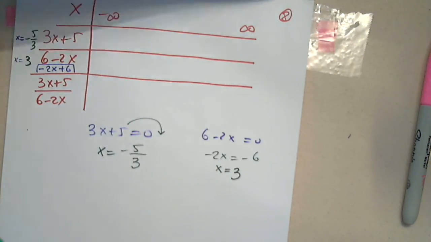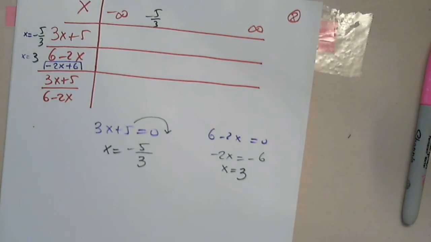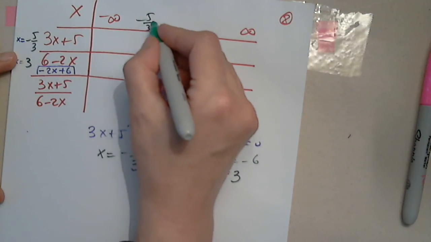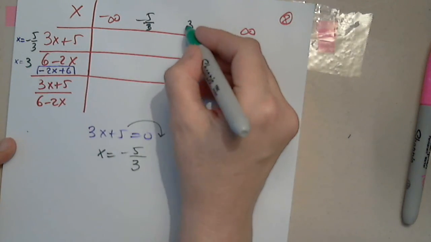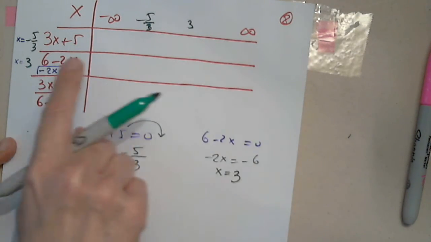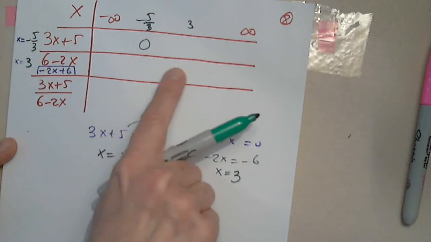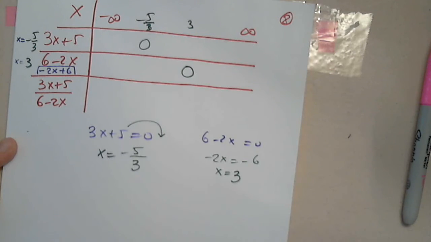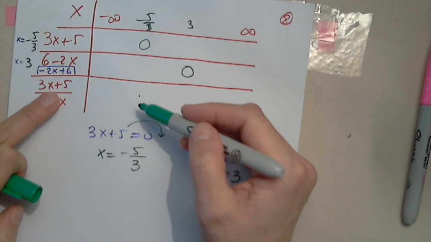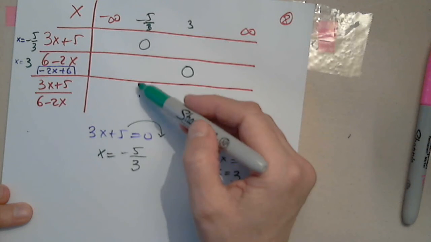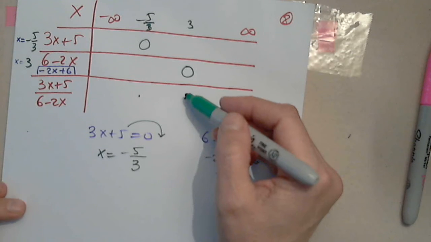The first to go in is negative 5/3, and 3 in ascending order. I will put a 0 under negative 5/3. I will put a 0 under 3. Now, what happens to the ratio when x is negative 5/3, and what happens to the ratio when x is 3?